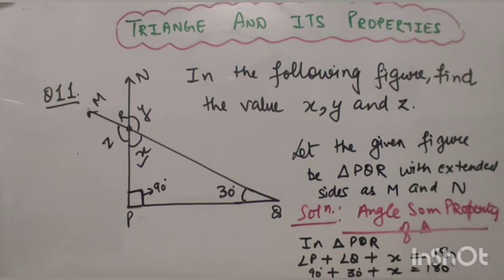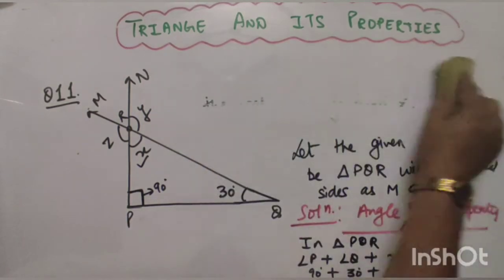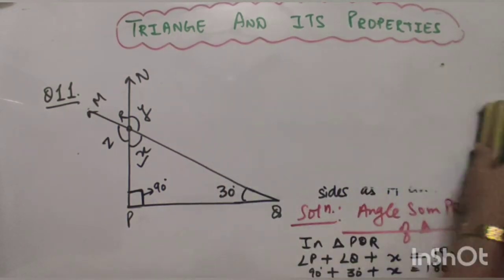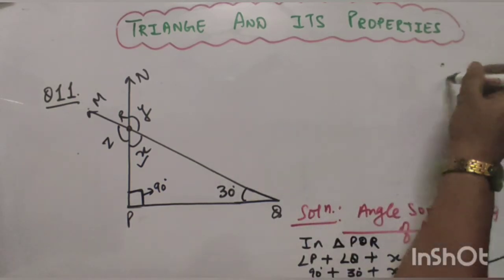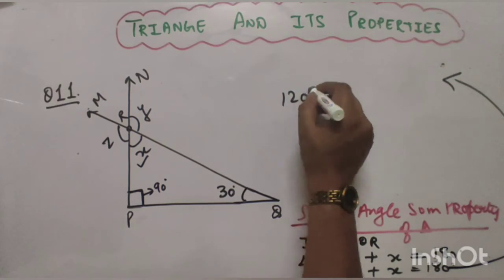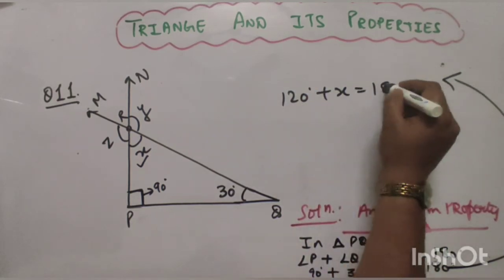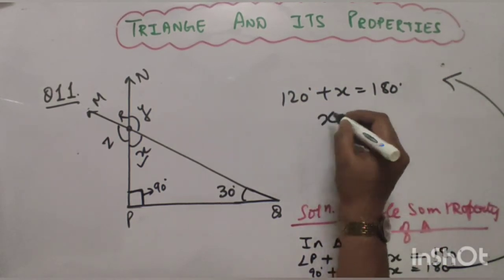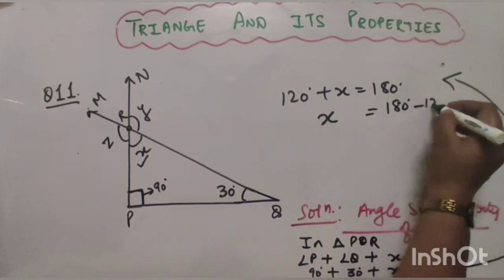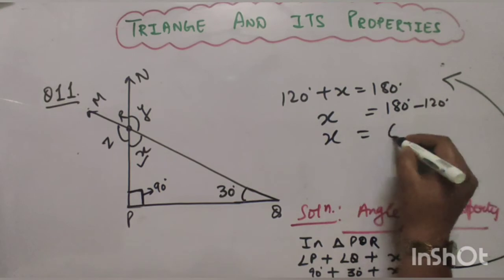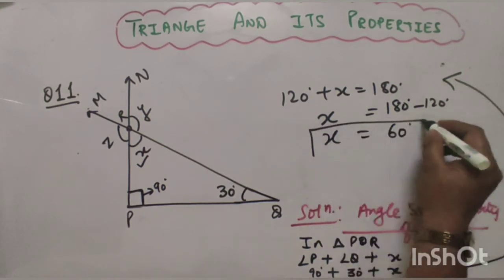So I need space for this, and I am going to erase the question here so that I can show you clearly. So now 120 degrees plus x will be equal to 180, let's transpose 120 to the other side. So the value of x comes to 60 degrees.